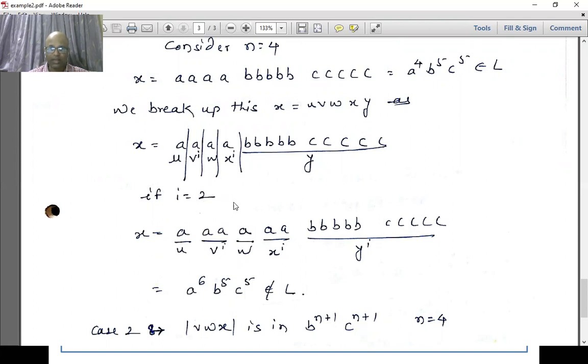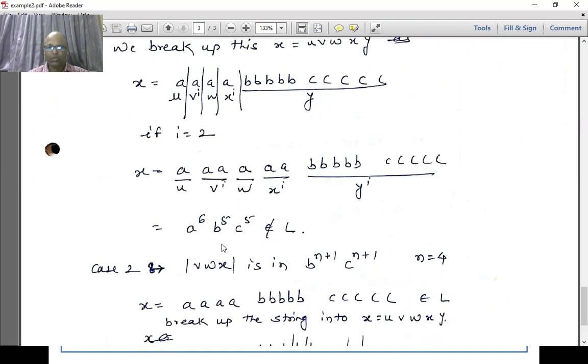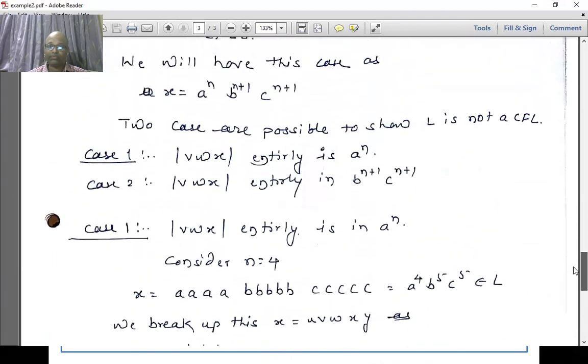W single, this X has to be repeated twice, and this Y is considered as it is. So after applying this rule, what do you get? I get 6 A's, 5 B's and 5 C's.